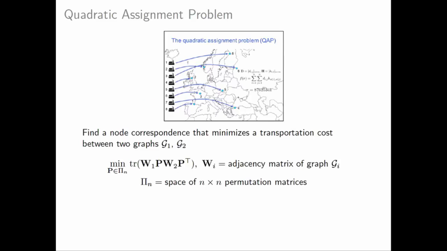Okay, and now I'll conclude with a last application where we can apply these graph neural network models. This is what's called the quadratic assignment problem.